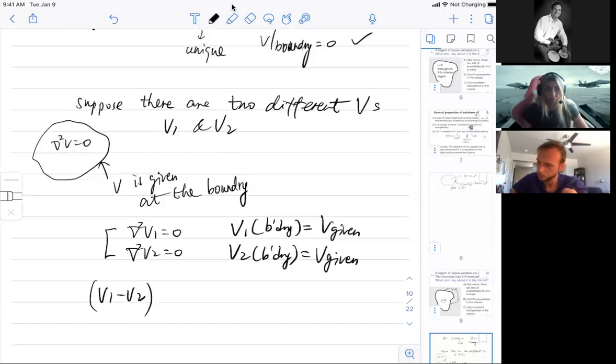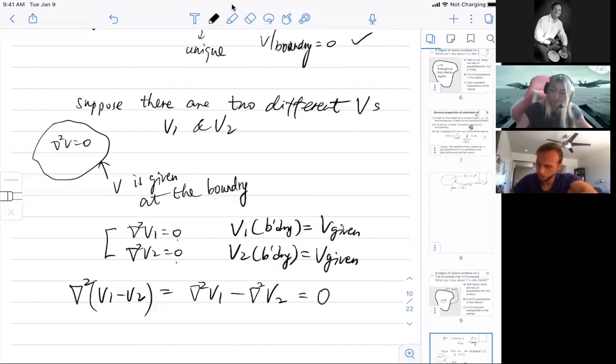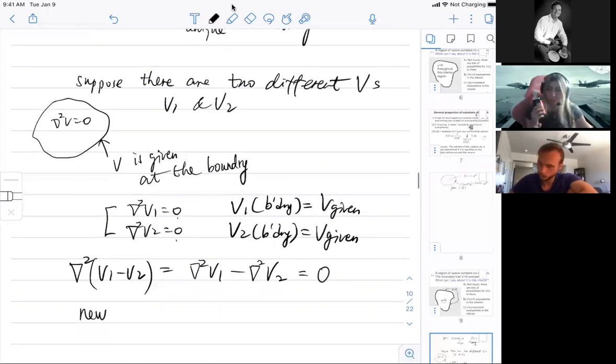It's not 0, so it's a new quantity. Then V1 minus V2 also satisfies the Laplace equation, because we can break this into the Laplacian of V1 minus the Laplacian of V2. Each of them is already 0. That's a given, right? So this is 0. So the new potential V1 minus V2 is also satisfying the Laplace equation.